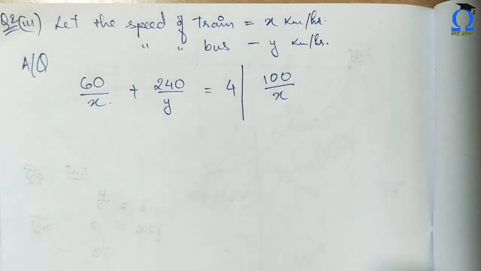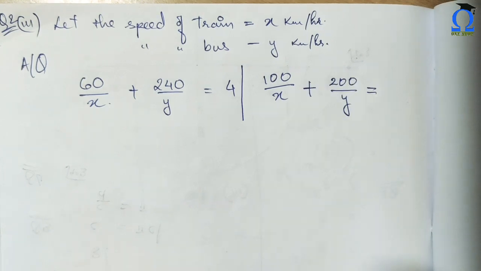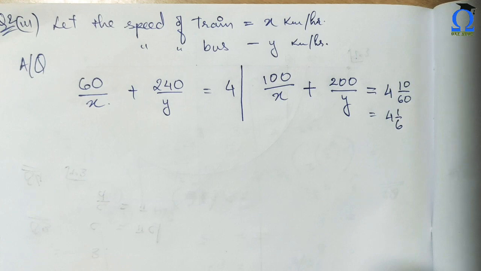Now in the next case, 100 kilometers by train and the remaining by bus will give us 10 minutes longer, that means 4 hours and 10 minutes, and when we convert 10 minutes into hours we will get 10 by 60 like this, and that will be added. So this is a mixed fraction, 4 1 by 6, or we can write 25 by 6. You can directly write the 25 by 6. I am just showing you how 25 by 6 came here.